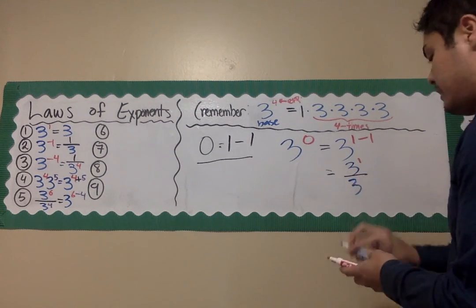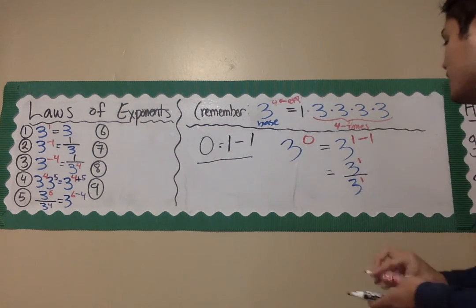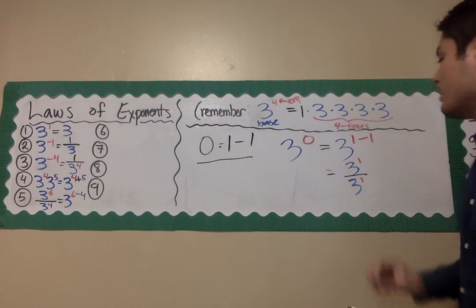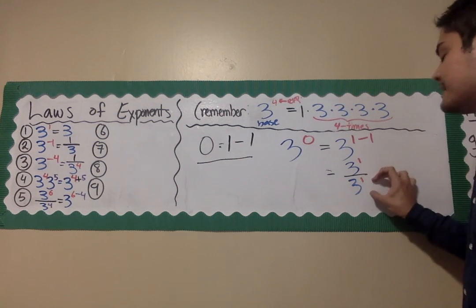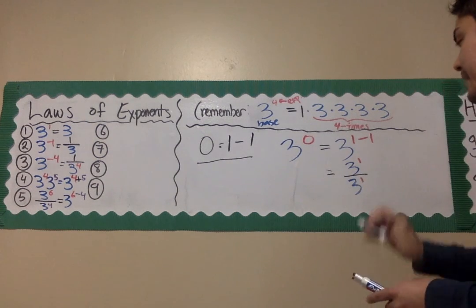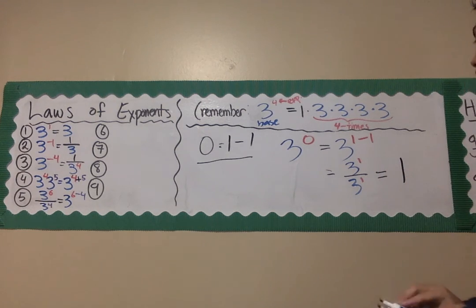Instead of this being negative 1 at the bottom, it becomes a positive 1. 3 to the power of 1 over 3 to the power of 1. We have one number over itself. Whenever we have that, they cancel each other out, and the solution is just 1.